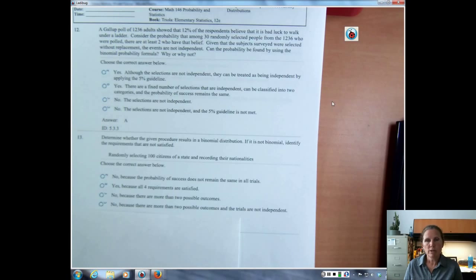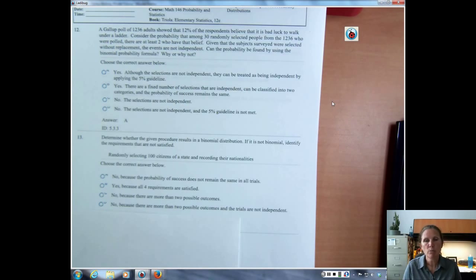Okay, determine whether the given procedure results in a binomial distribution. You need to look at the notes or the video for the requirements for a binomial distribution. But one thing is we need to have a fixed number of trials. This one randomly selects 100 citizens, so it looks pretty good for that. We need to have independent results, so that picking one person and asking them their nationality doesn't affect the nationality of the next person you ask, so I believe they're independent.